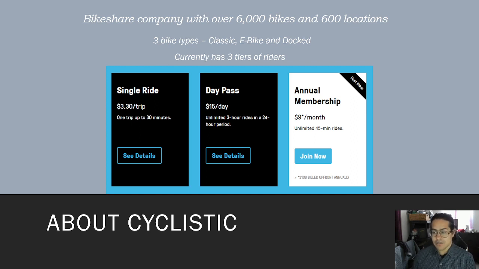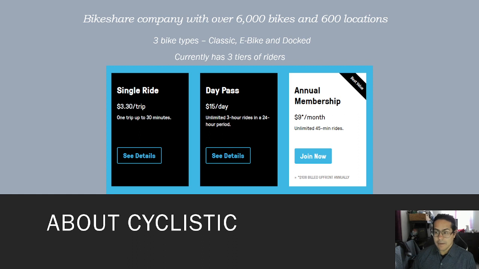The final tier, which is where we want to try and convert the previous two tiers into, is the annual membership. This is where you're going to be paying $108 upfront and it would be renewed annually, which works out to about $9 a month, but you would get unlimited 45-minute rides throughout that calendar year.